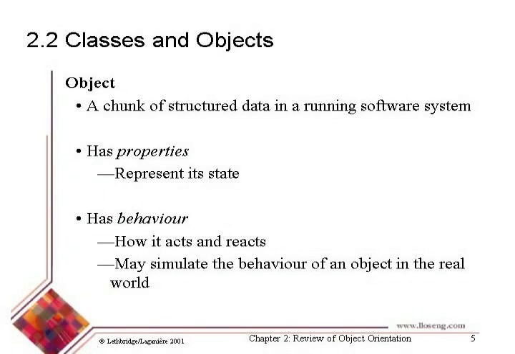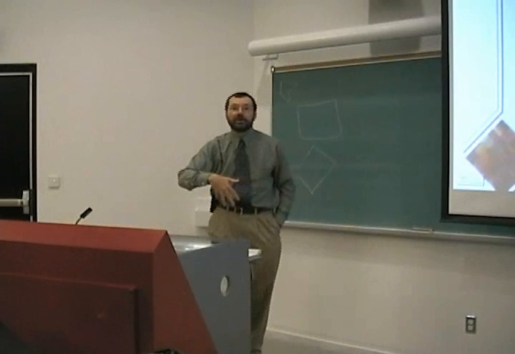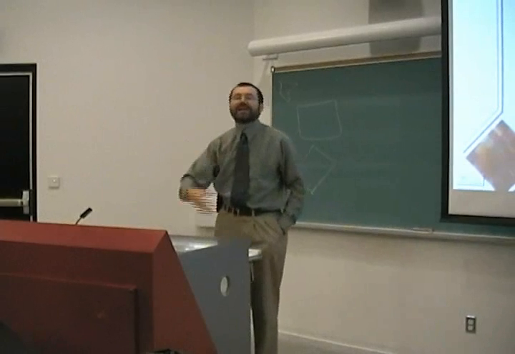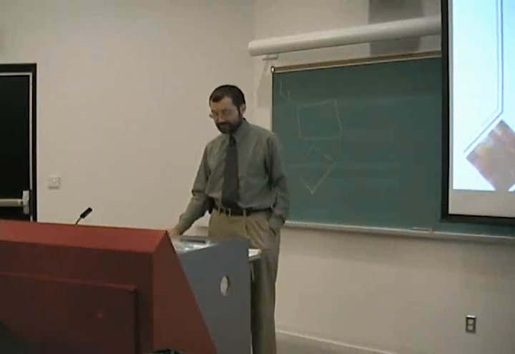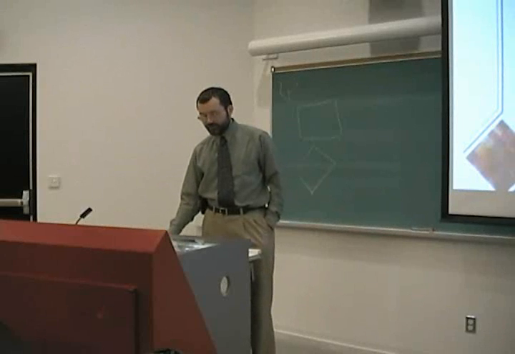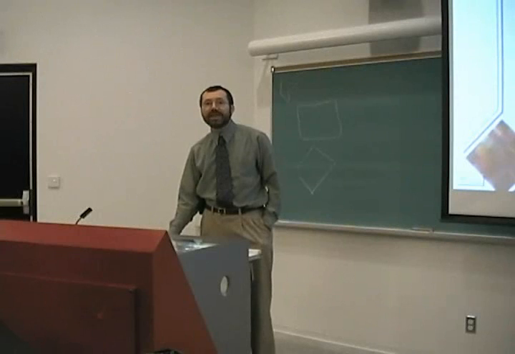And an object has a behavior that defines how it acts and reacts. These are the methods that are contained in its class that apply to it. So an object can only behave in certain kinds of ways depending on what its class is. And often there's some sort of idea that these objects simulate the behavior of things in the real world.